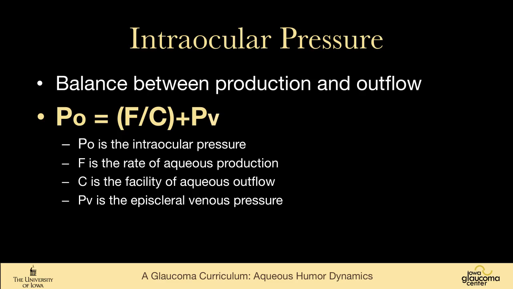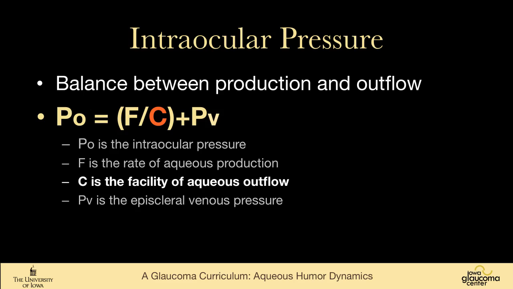The intraocular pressure then is a balance between production and outflow, and the Goldmann equation basically just says that the intraocular pressure is the rate of aqueous production in the ciliary body divided by the facility of outflow, plus episcleral venous pressure. Facility of outflow is the inverse of the resistance to outflow.